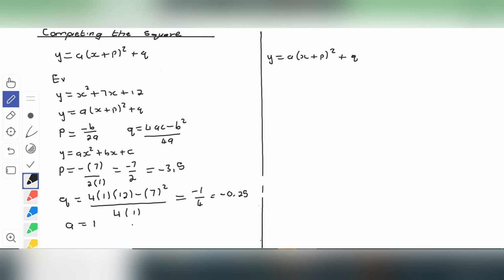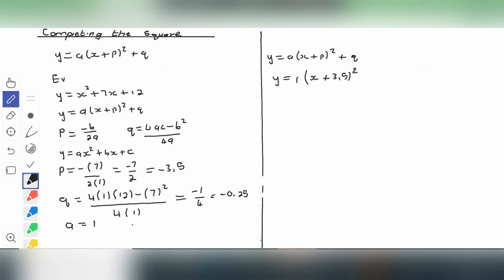So let's do that. Our y is equal to, our a is 1, into x. What is p? p is negative 3.5. So always, guys, whenever you plug a value in under the brackets, it has to change the sign. p is negative 3.5, therefore now it's going to be plus 3.5 all squared.